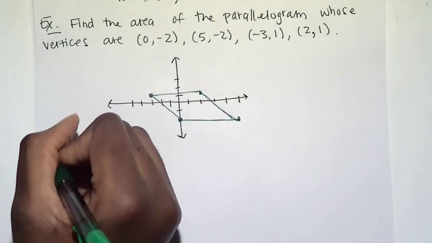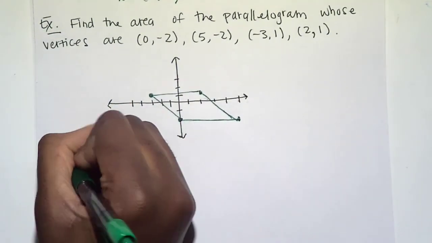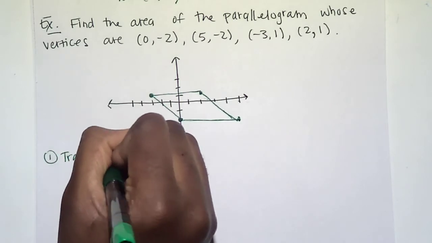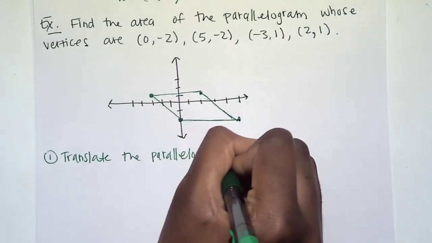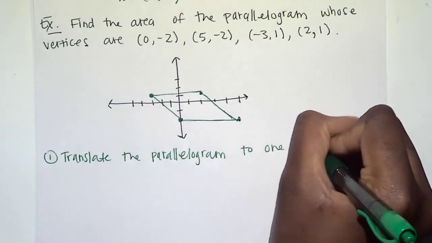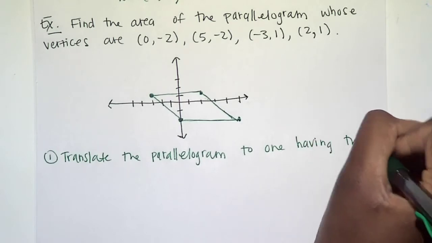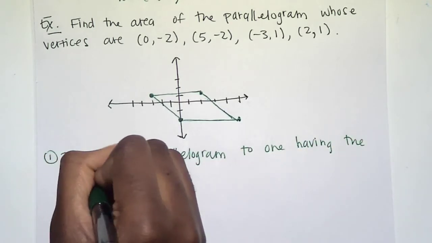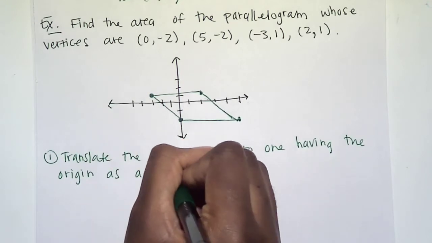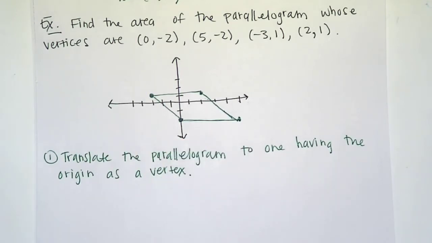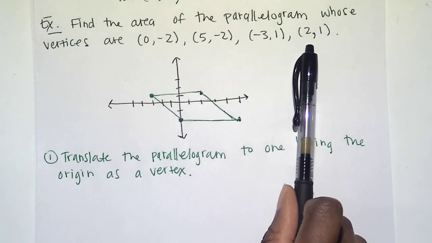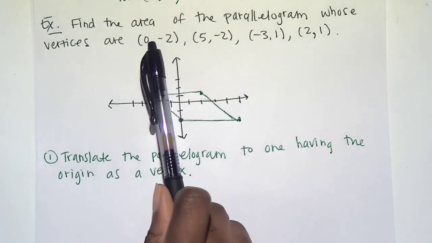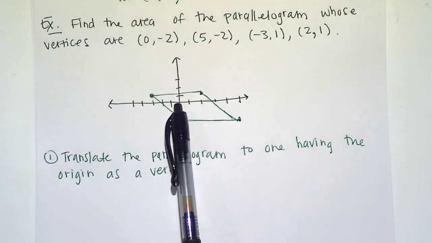The first thing we're going to do is translate the parallelogram to one having the origin as a vertex. You can choose any one of these vertices.